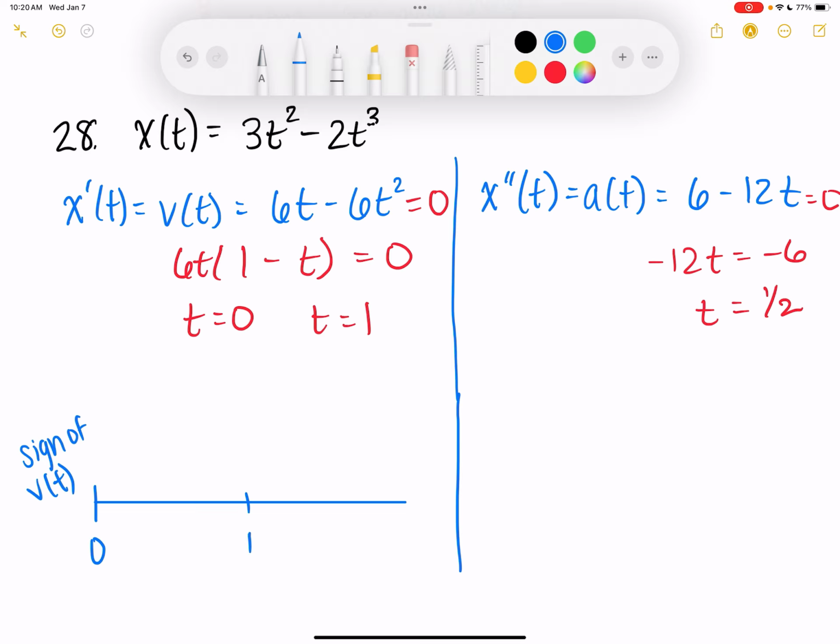So I put 0 and 1 on there. So I'm looking at what's happening in these intervals. So between 0 and 1, I'd put in like 1/2. And so if I put that in here, I would get 3 minus 6/4, 3/2. So 1.5. So that means that would be positive.